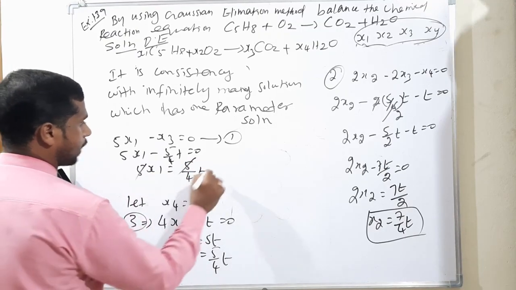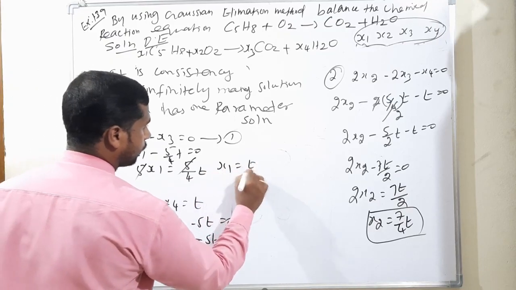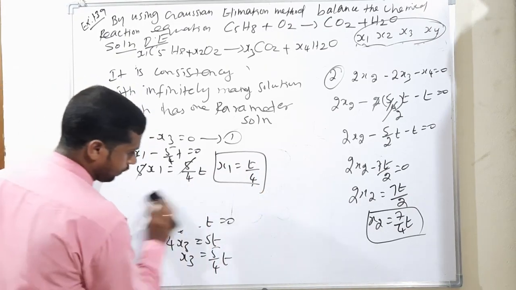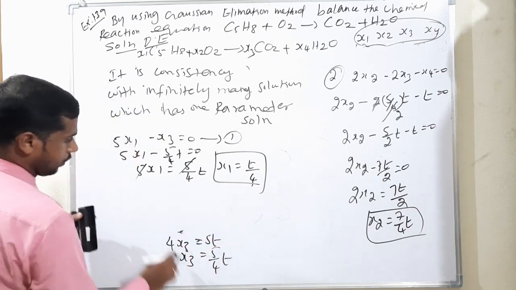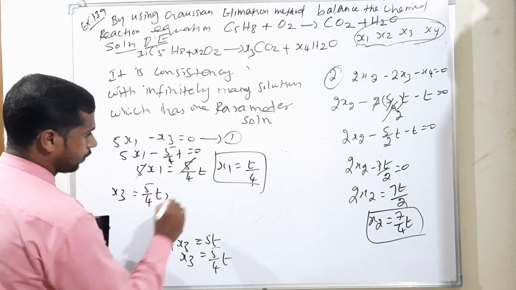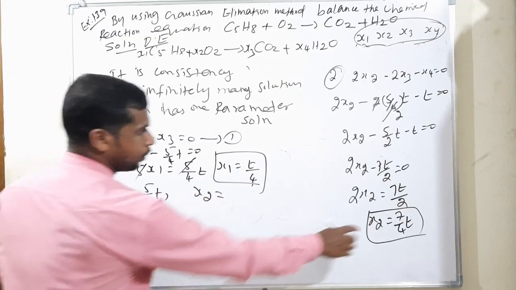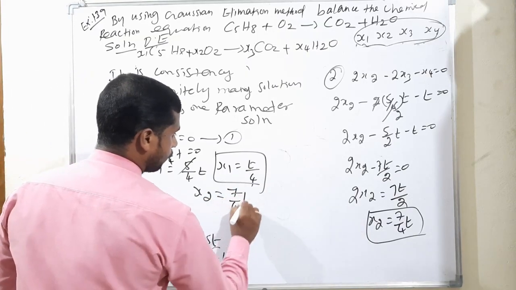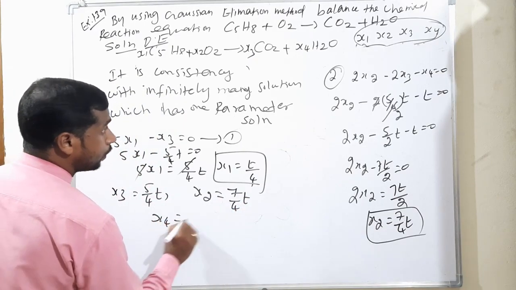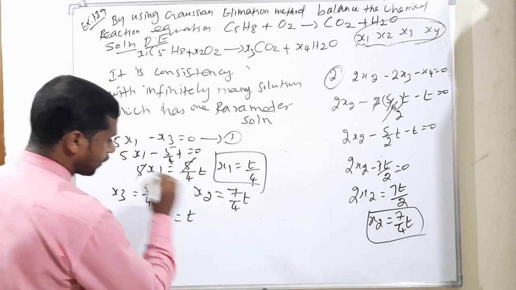So, 5 cancels, and definitely x1 is equal to t by 4. So x1 is also clear. Then x3 is 5 by 4 t, x2 is 7 by 4 t, and x4 is already considered as t.